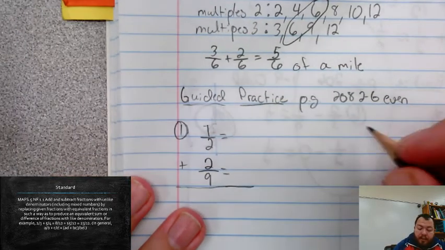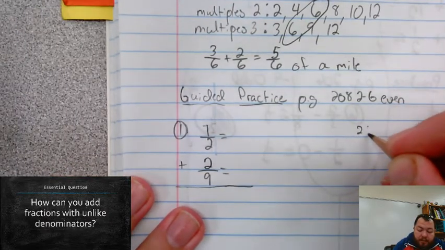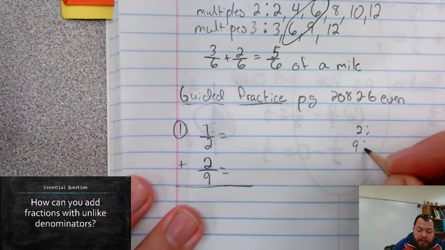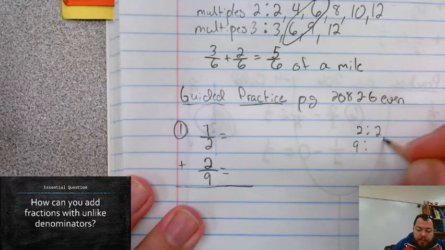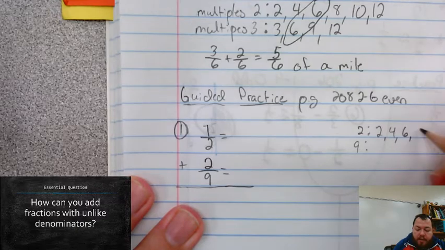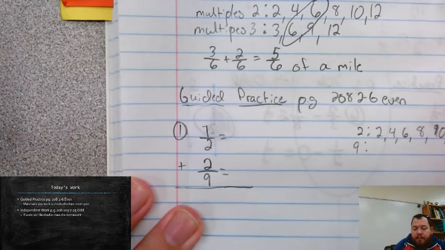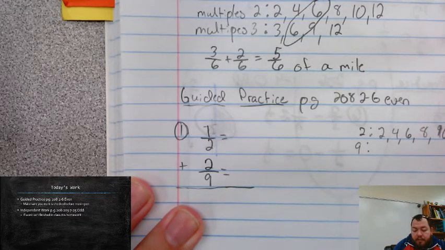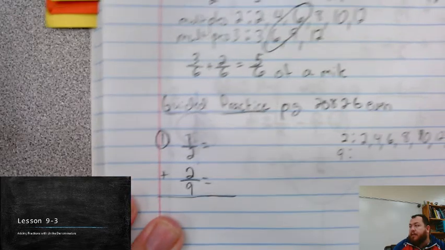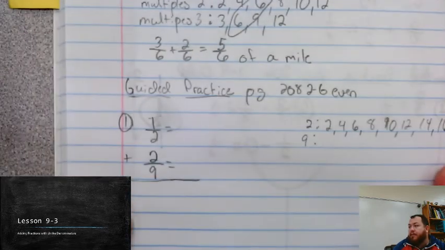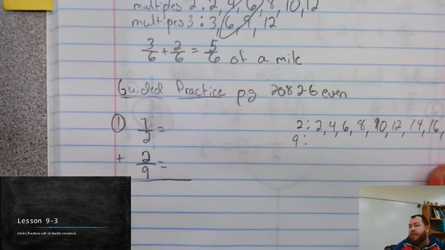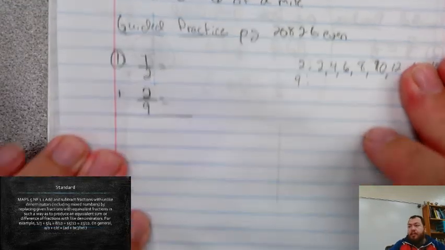So the way I'm going to do that is I'm going to list my multiples of 2, multiples of 9. So I'm going to go 2, 4, 6, 8, 10, 12, 14, 16, 18, 20. Let's stop there because I'm kind of running out of room. So I stopped at 20 if you can't see it on my paper. Let me slide my computer up some more so you guys can see it all.